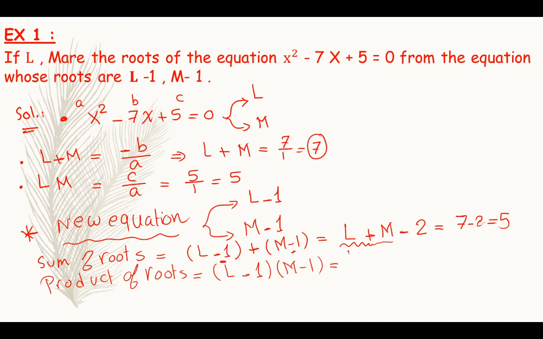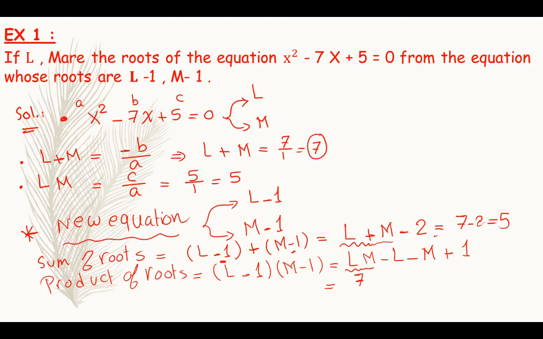L times M will be LM. L times negative 1 will be negative L. Negative 1 times M will be negative M. And the last one, negative 1 times negative 1, will be positive 1. Here we have LM, the product of the old roots.